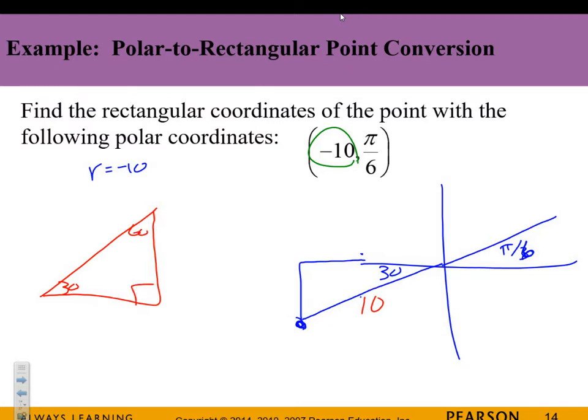And I told you guys this is x, this is 2x, and this is x radical 3. So go ahead and just plug in a 10 for those. So that means that this is 10. If this is 10, that means that this is 5, and this is 5 radical 3. Negative, negative.